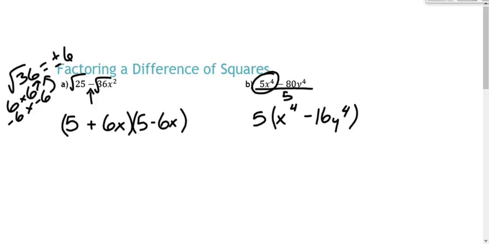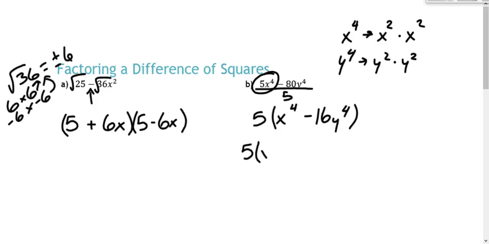Now, variables that are to the 4 break down into perfect squares. So if it's to the power 4, it is a perfect square. So this leaves us with 5(x squared minus 4y squared)(x squared plus 4y squared).